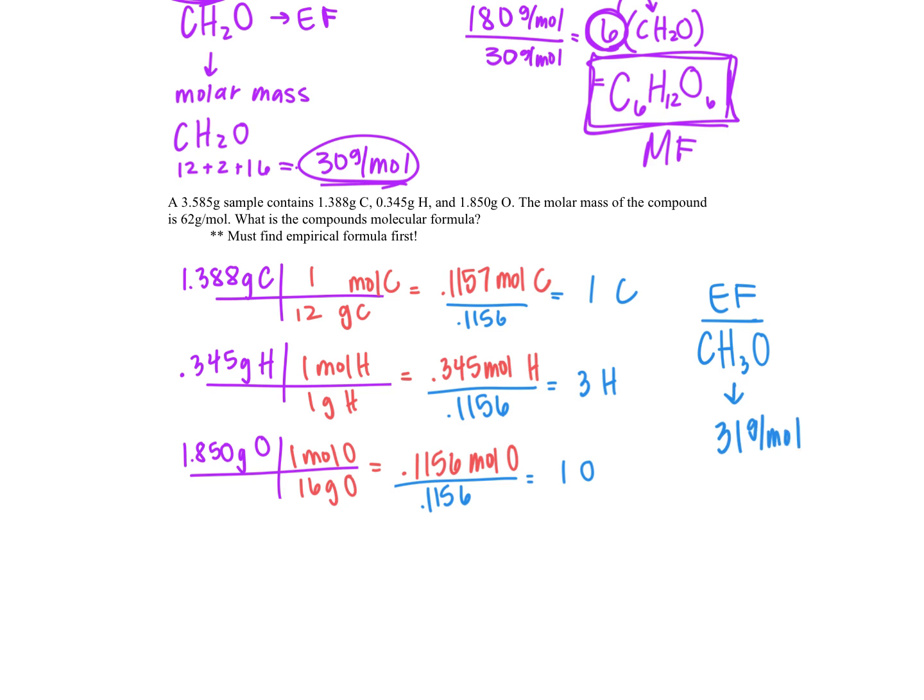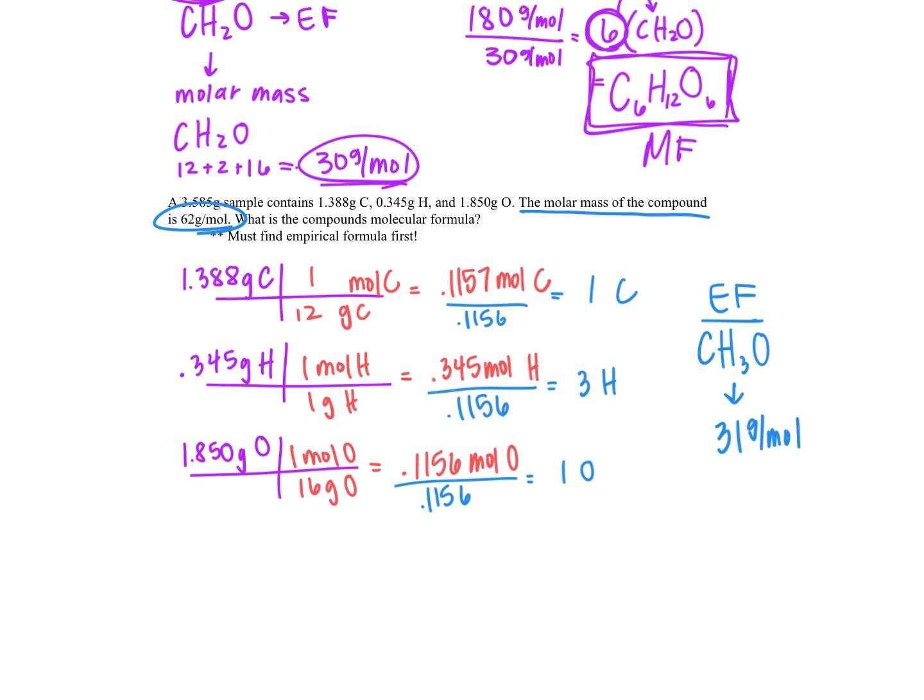And so are my molecular formula and my empirical formula going to be the same in this case? Based on the fact that it says the molar mass of my compound is 62, you think they're going to be the same? Do they have the same molar mass? No. My unknown has a molar mass of 62, but my empirical formula has a molar mass of 31.